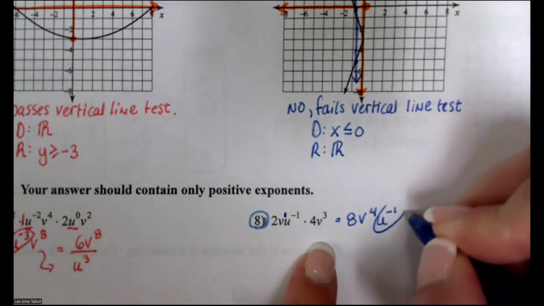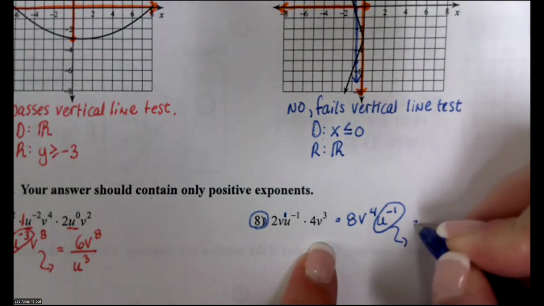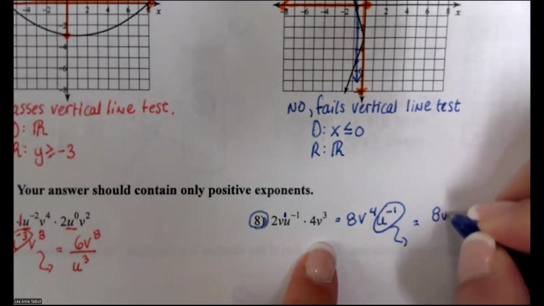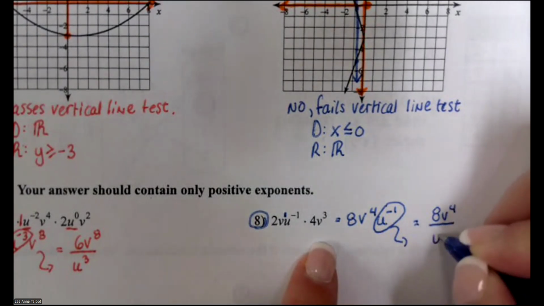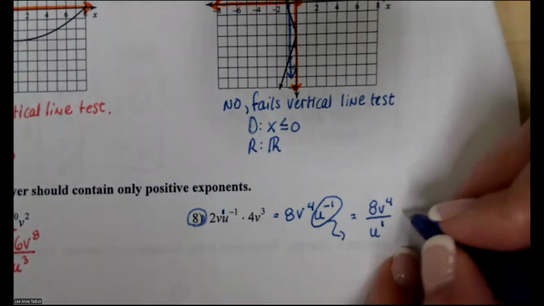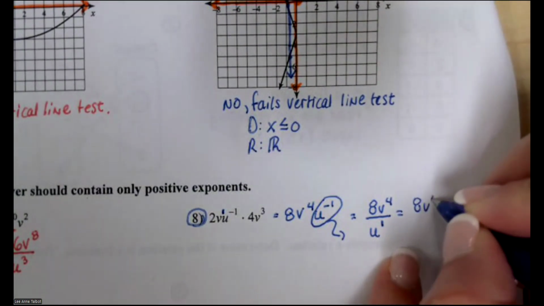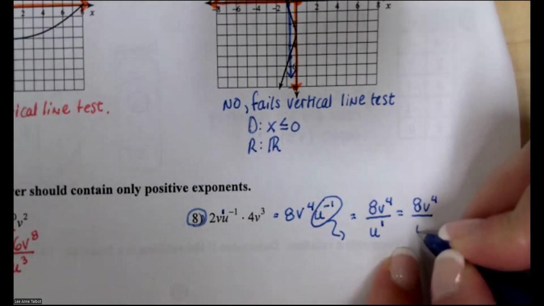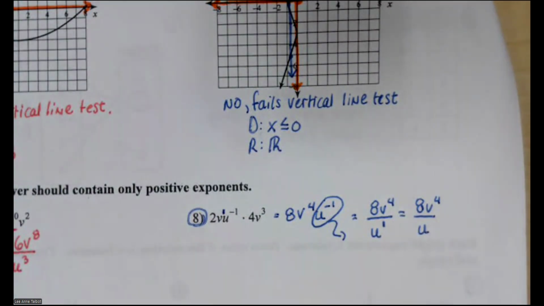And then it's negative, so it goes downstairs and becomes u to the +1. Then I'm going to rewrite it without the 1 exponent. So 8v to the 4th over u.